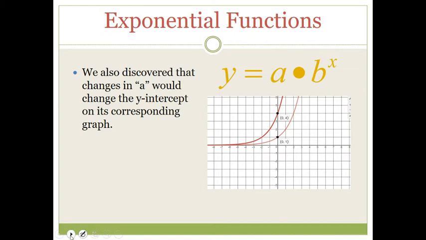So I can tell here that all I did to this function was change the a value from 1 to 4. That would be the graph y equals 4 times 2 to the x. In general, our y-intercept is always (0, whatever the a is). So if the question was, what's the a value of this dark red function? Here it would be 4. You can see the y-intercept at 4.